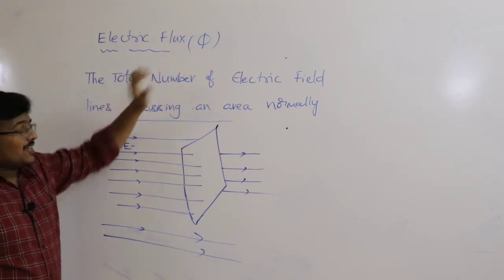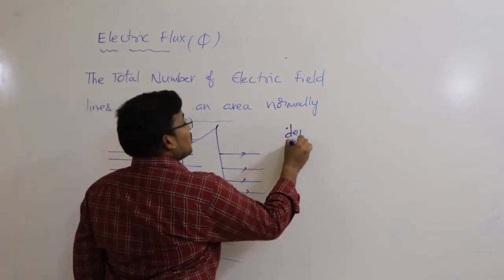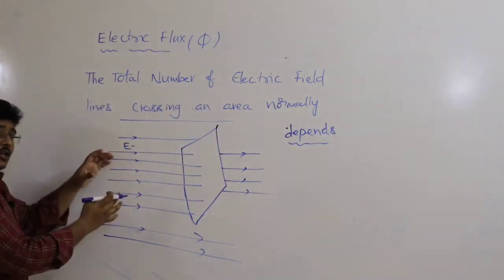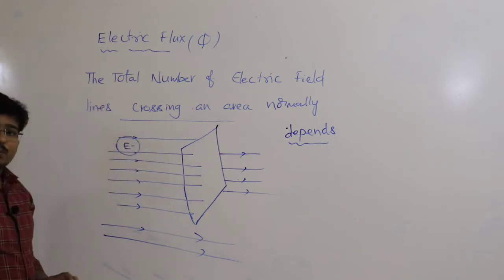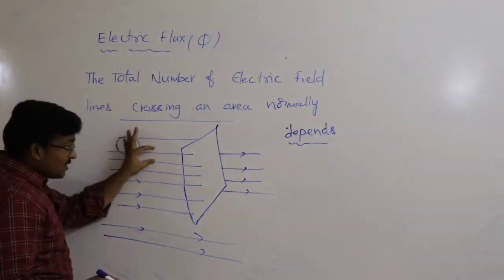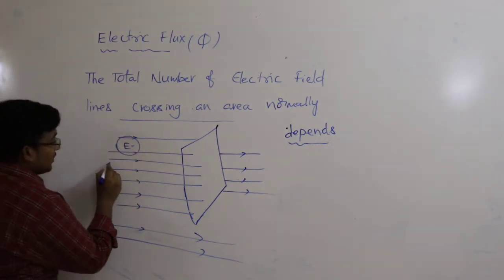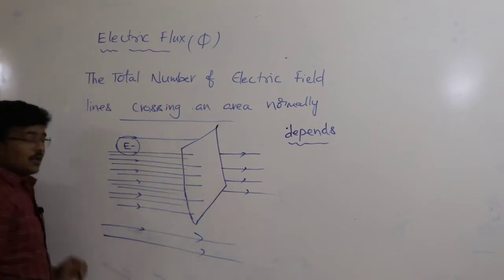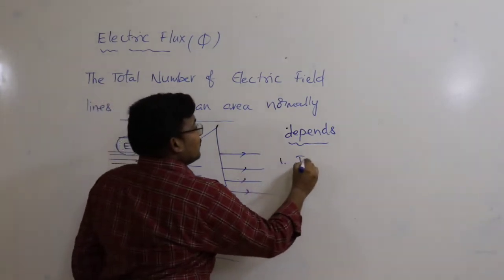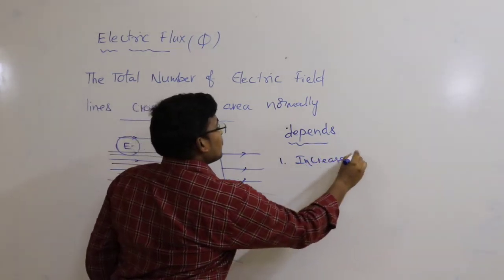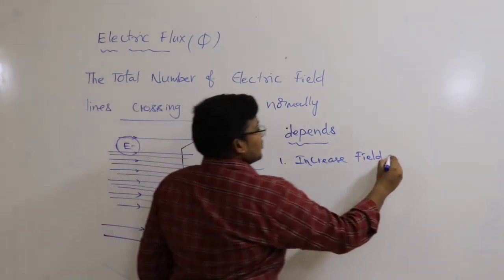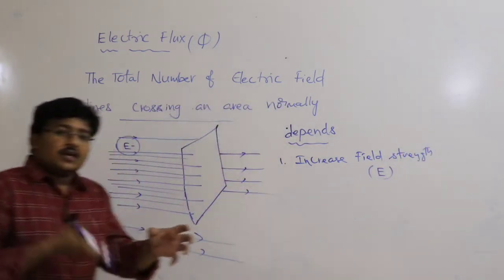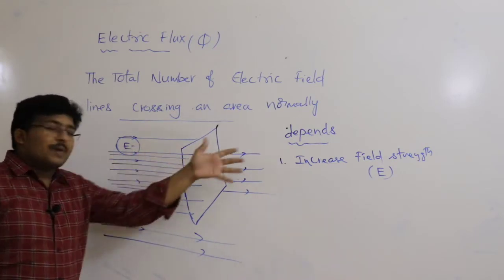Now sir, on what parameters does this flux depend? Sir, if I increase the field strength, see, now the lines are very distant; if the lines are very crowded, meaning I increase the field strength or intensity, capital E, more lines will pass through.